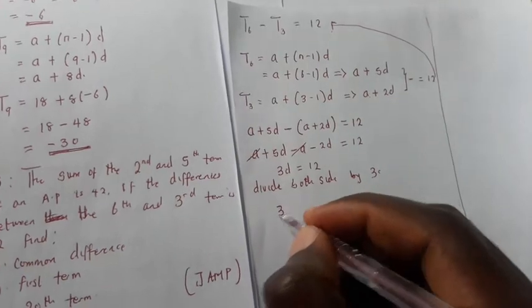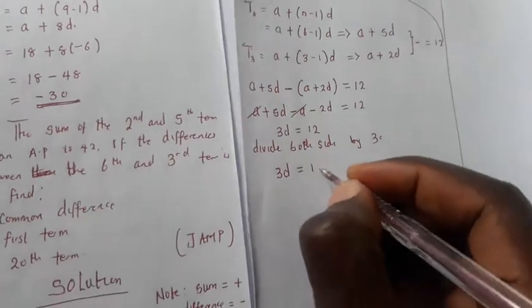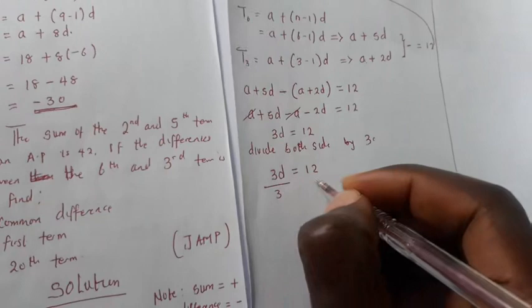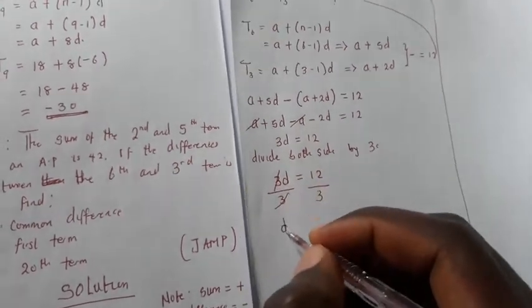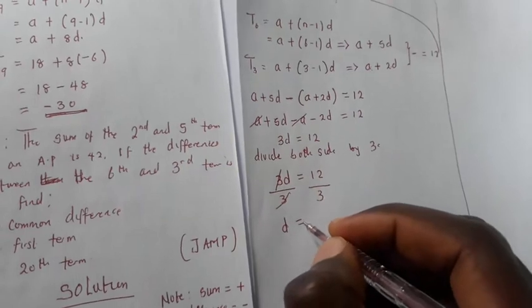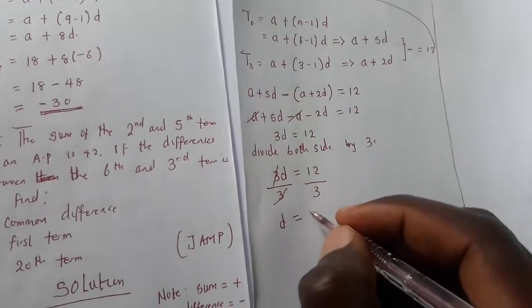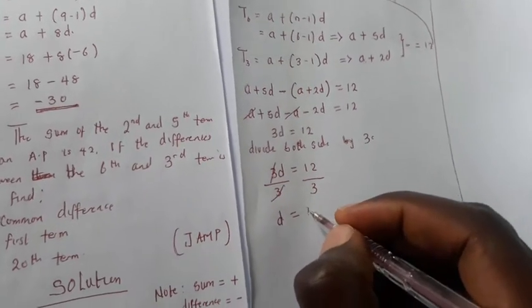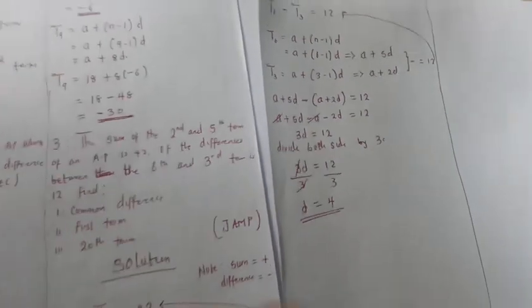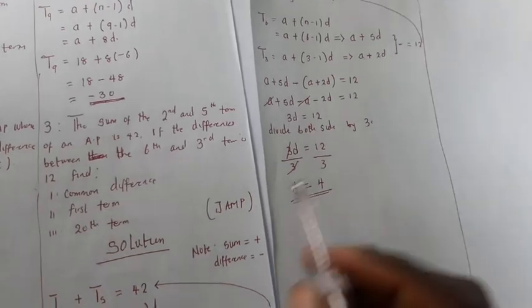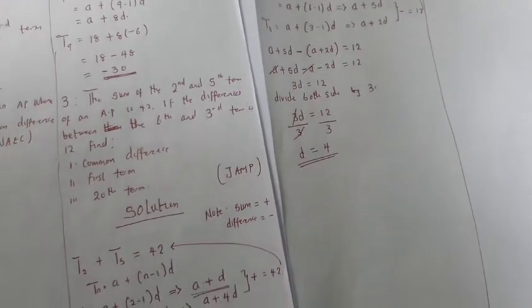We have 3D equals 12. Divide by 3, the 3s cancel each other. We have D equal to 12 over 3, which equals 4. We have gotten our common difference to be 4.